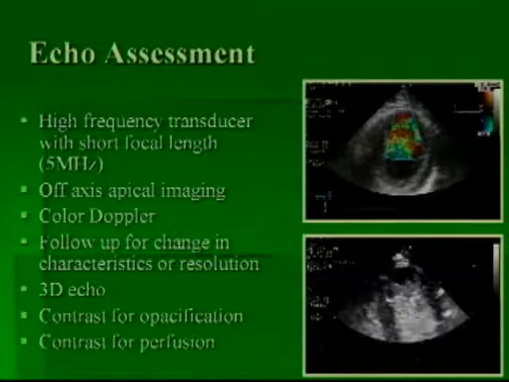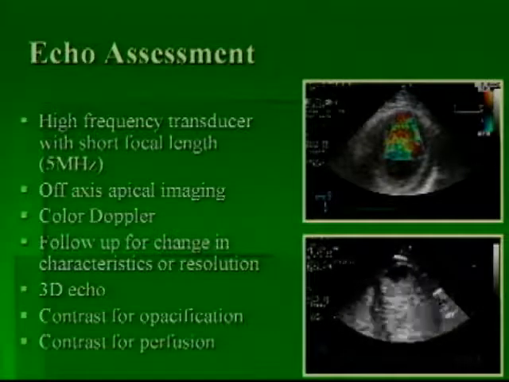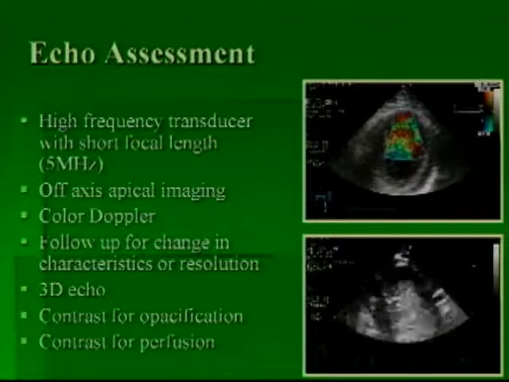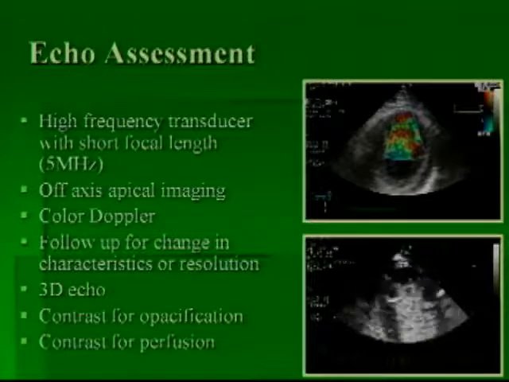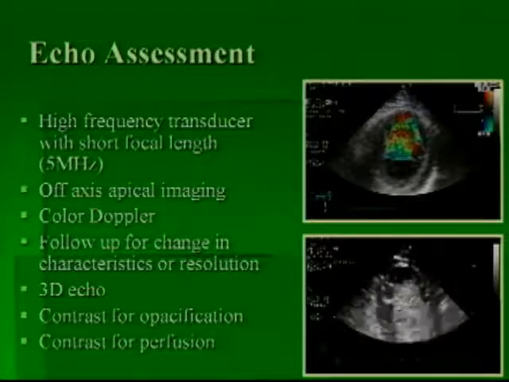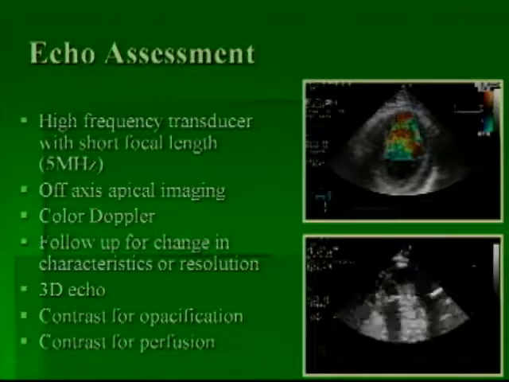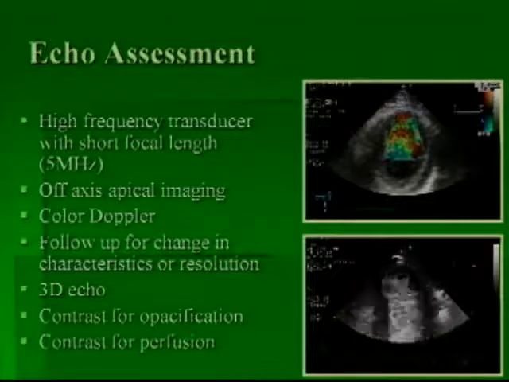Now there's some other things you can do aside from giving contrast, which is the example we see in the lower right-hand side of the screen right now. Contrast filling the left ventricle and showing this dark contrast void at the apex of the left ventricle, which is consistent with a mass. We can also perform high-frequency transducer echocardiography.